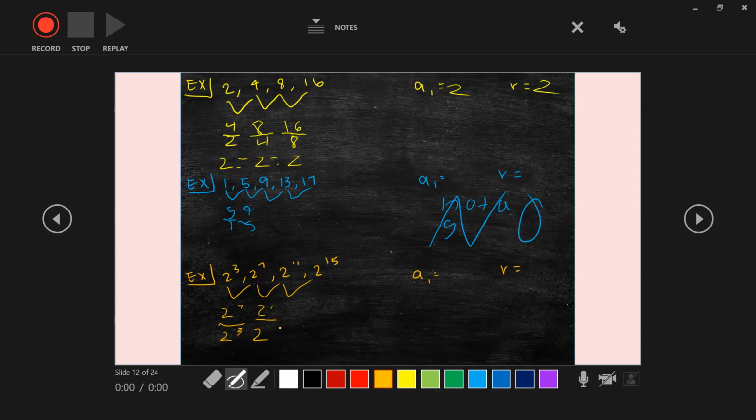It's harder than it looks, isn't it? And then lastly, we'll have that 2 to the 15th over 2 to the 11th.